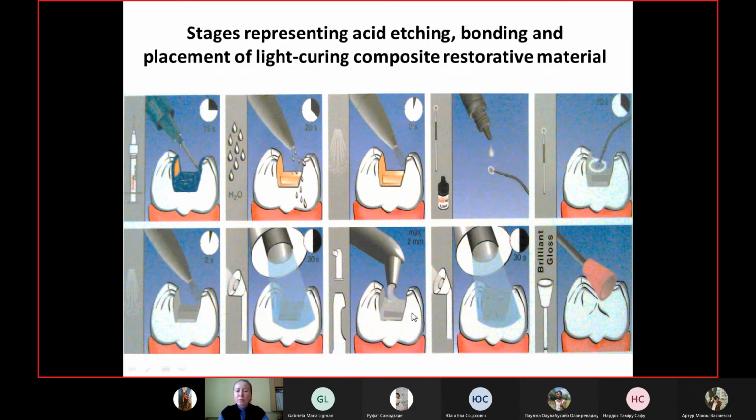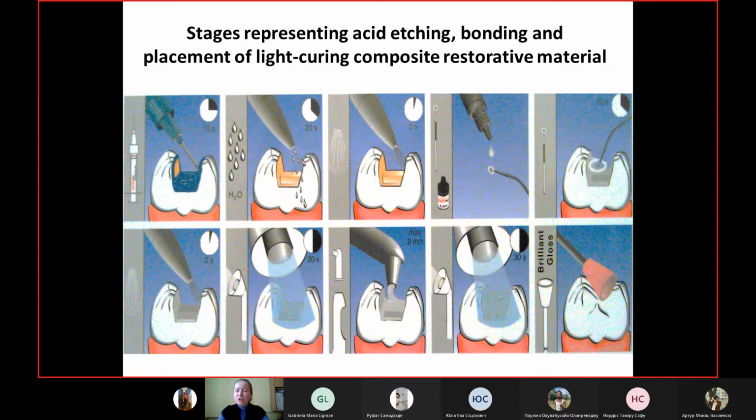At first flowable composite material, because we keep in mind such an idea as a soft start. And then every layer of material should be polymerized by light curing lamp for 15-20 seconds. Every layer should be placed in thin incremental layers, not more than 2 millimeters, with polymerization of every layer.